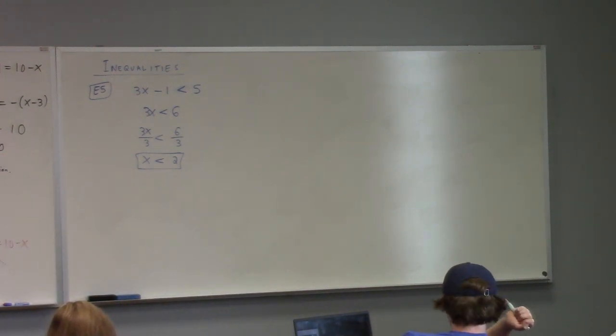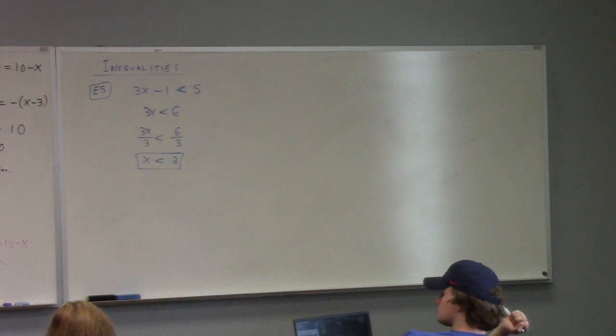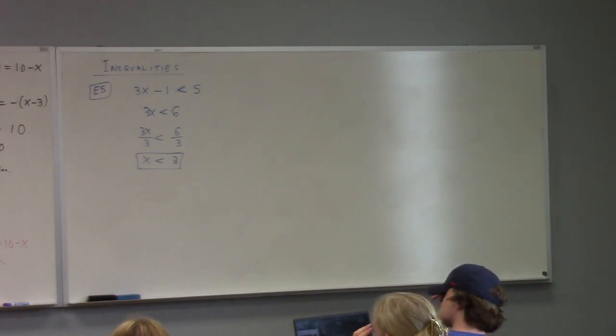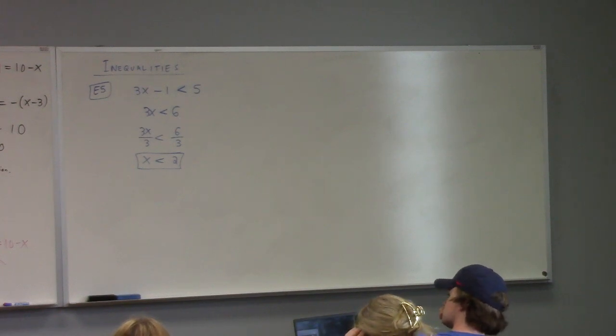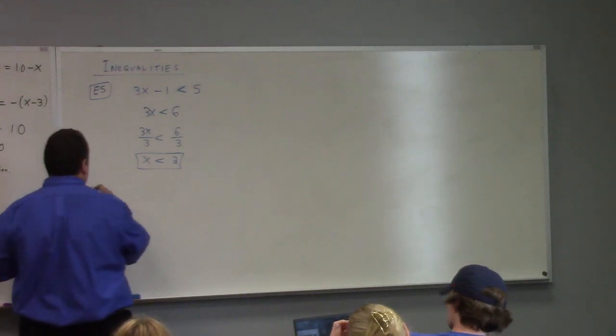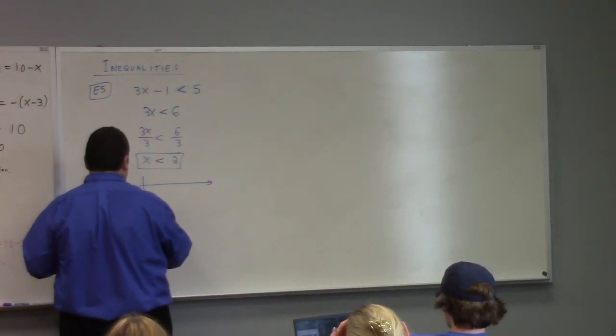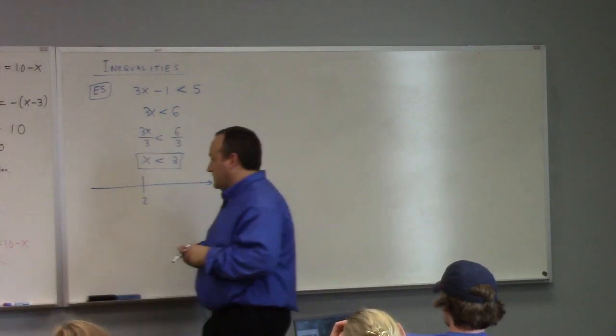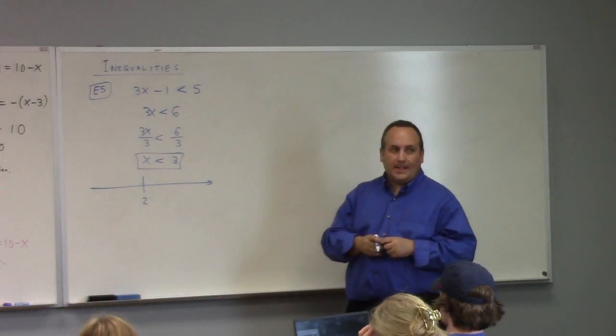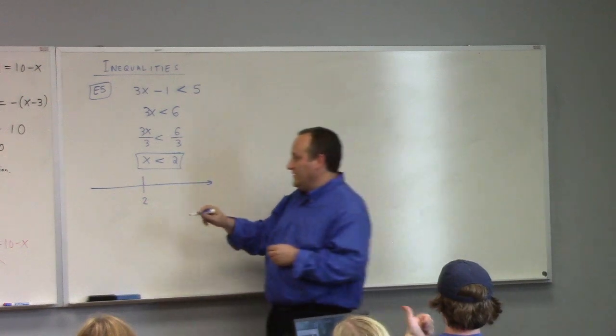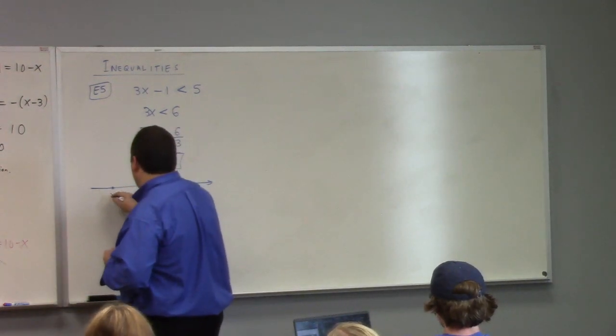Now, in order to be malevolent and mean-spirited, as is my job as a math professor, I ask for you to write the answer in terms of interval notation. So interval notation is somewhat based on the number line. So if this is 2, where is x? So x is over here somewhere, right?